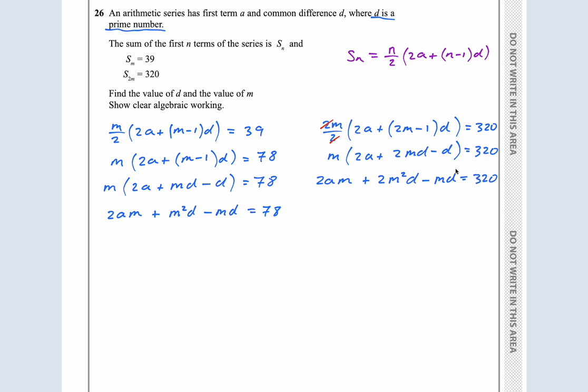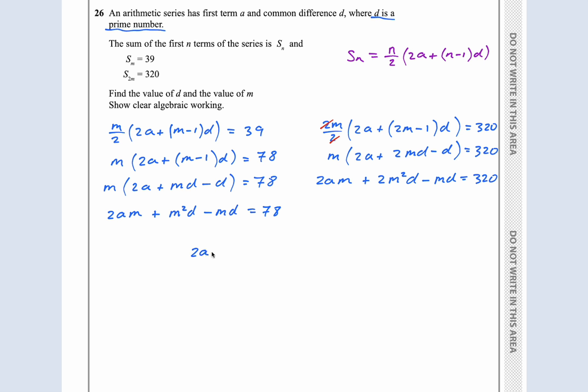Okay, now I have, and this is why I could just about see how we could be expected to figure out this question: the 2am and the md, both equations have a 2am and a minus md. So what I'll do is I'll subtract the equations. I'm going to put this one first.